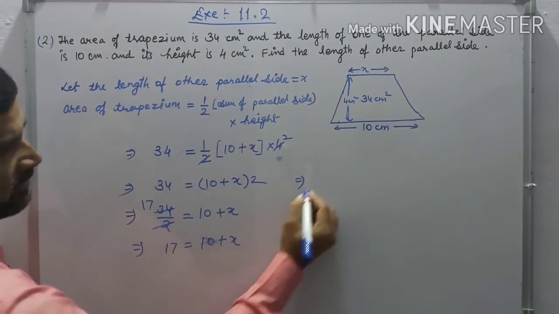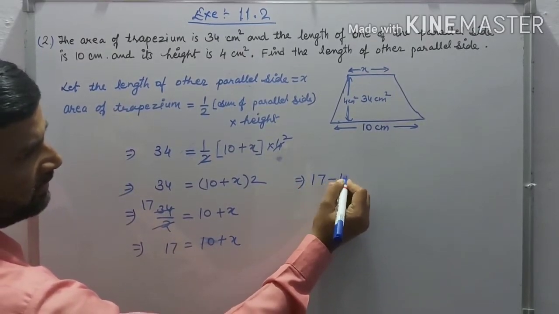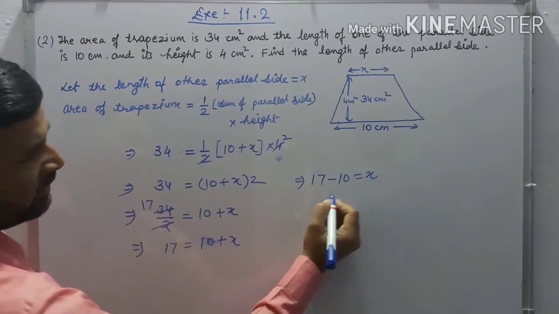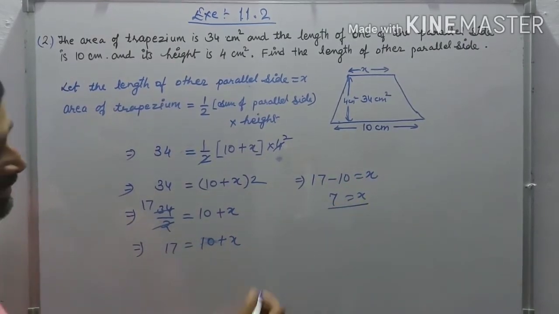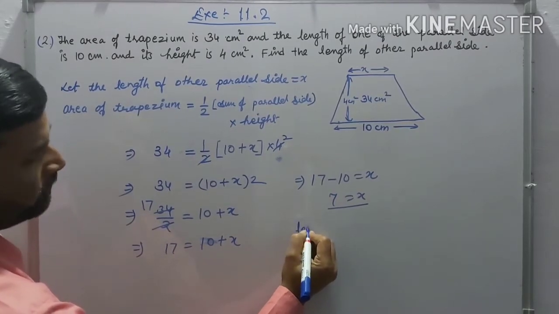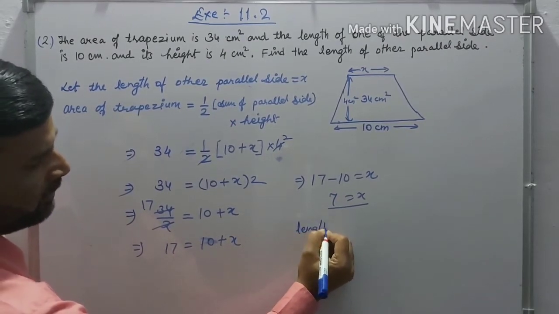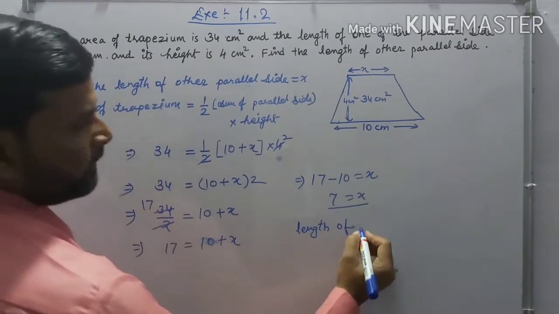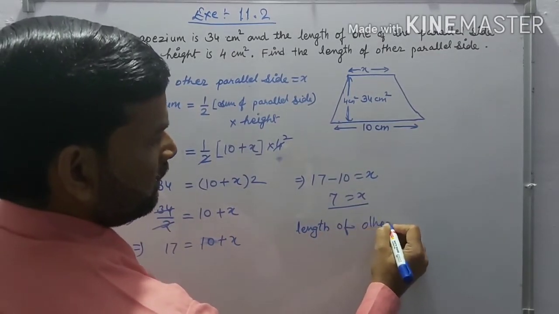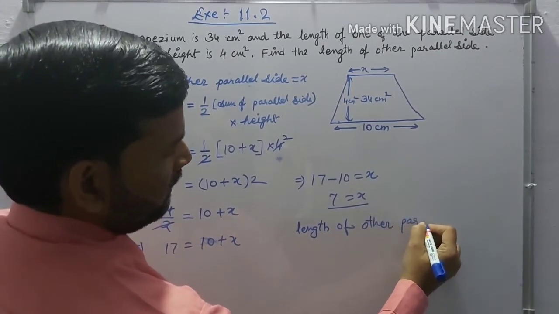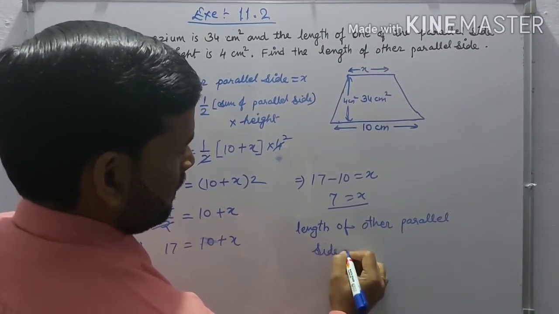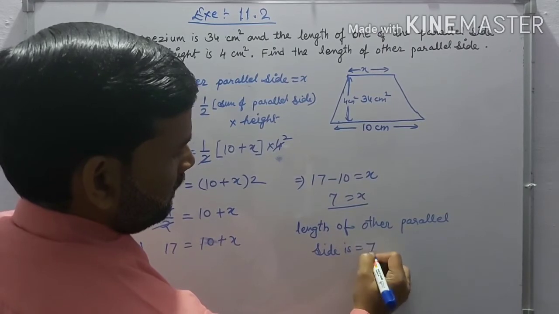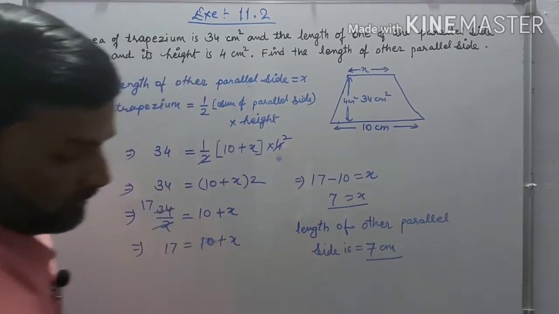Now transfer the 10: 17 minus 10 is equal to x, that is 7 is equal to x. What is the value of x? It is 7. It means the length of the other parallel side is 7 centimeter.